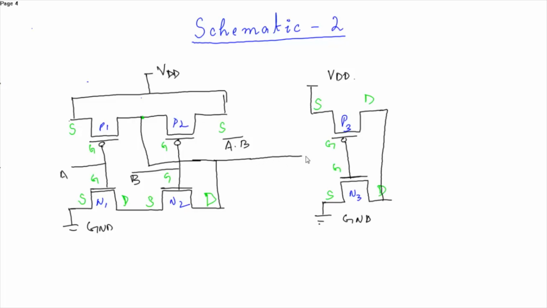This output will act as the input to the inverter, and the output will be obtained from here, represented as Y, (A dot B bar) whole bar, that is equal to A dot B. And okay, this is the twisted diagram.